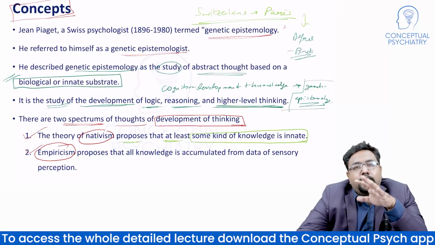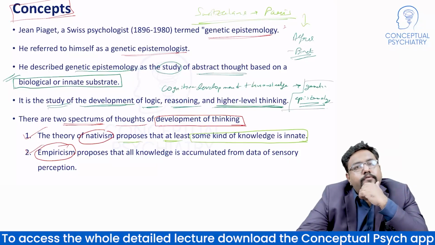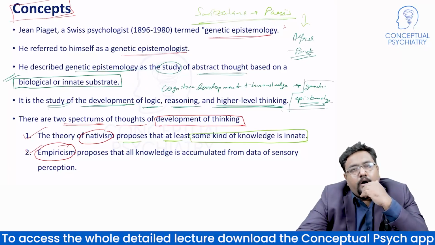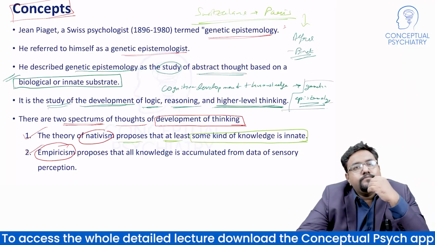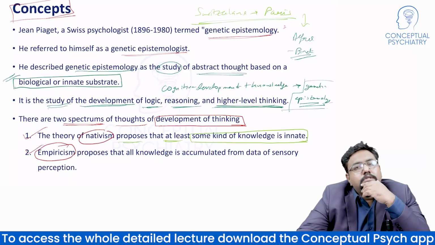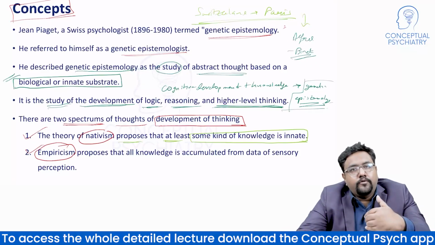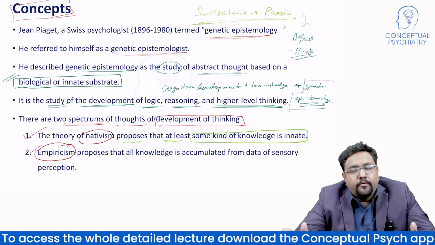Suppose, for example, if I go a little bit into history, if you look into Mahabharata, Abhimanyu, who was the son of Arjuna, is a kind of correlation for innate knowledge. In the war, there was a battle strategy called chakravyu. Chakravyu is where you are surrounded by the enemy and you can't get out of it, so it is kind of a battle formation.